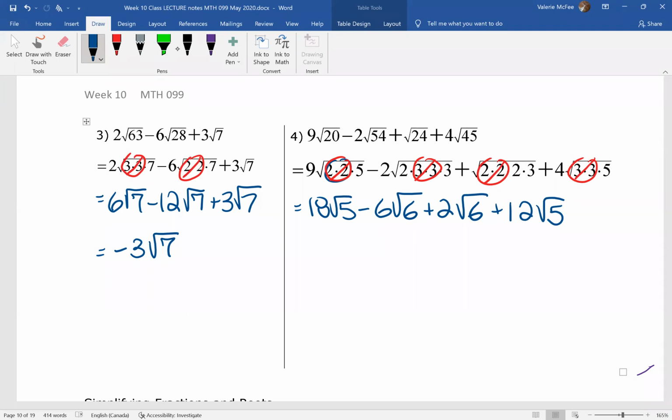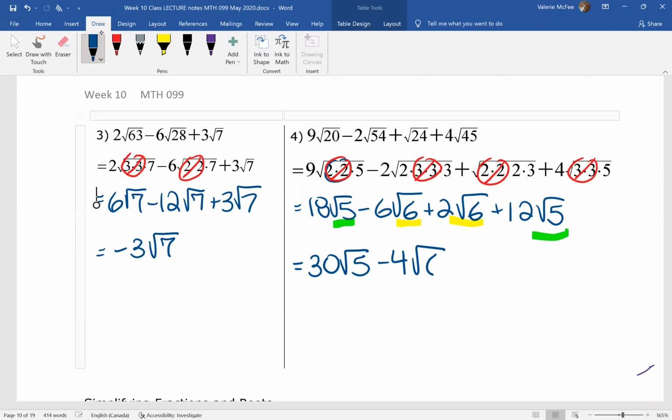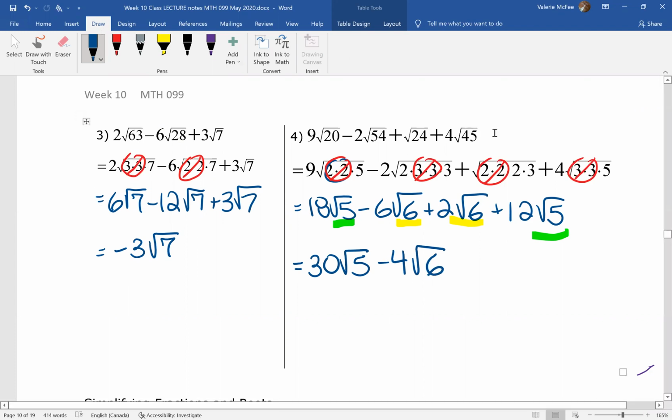I see I have 2 different like radicals here. We have root 5 and root 6. So let's combine our like radicals. 18 plus 12, that gives me 30 root 5, minus 6 plus 2, minus 4 root 6.